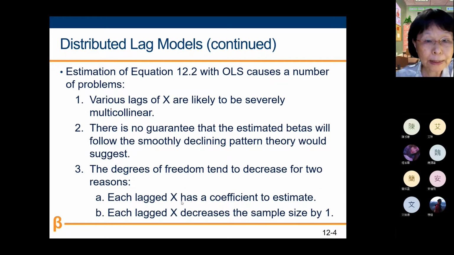Each lag x has a coefficient to estimate. Therefore, degrees of freedom decrease. Do I make myself clear? Anybody? You all understand what I'm trying to say?